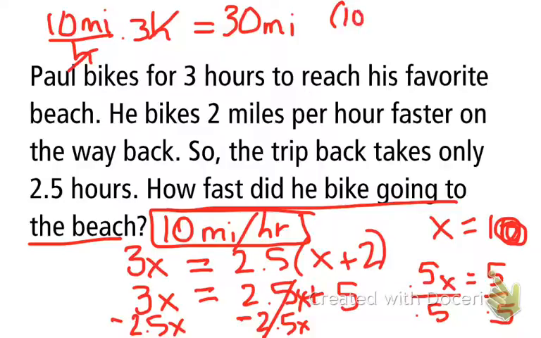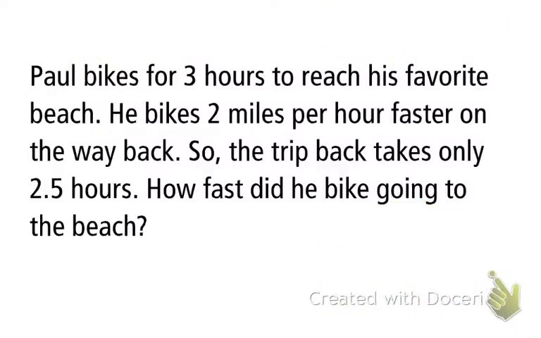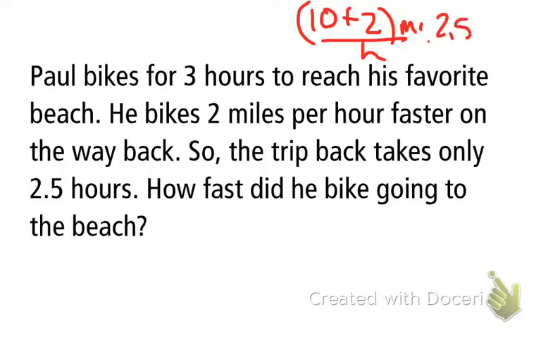If he traveled 10 plus 2 miles per hour for 2.5 hours, that's also equal to 30 miles. So we did check our work to make sure that it is actually the same distance for both.